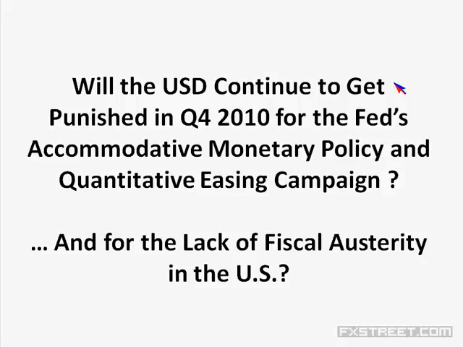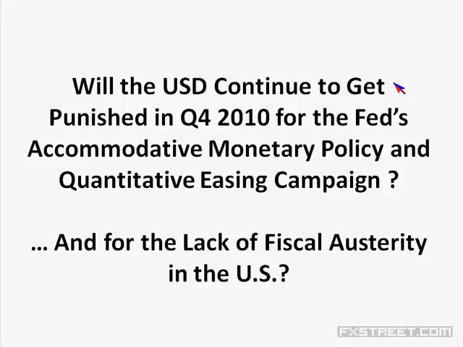If the US economic data continues to underperform data from the Eurozone, from the United Kingdom, and elsewhere in the world, then as long as the US economy remains weak and unemployment is high, the Fed is more than likely going to keep that accommodative monetary policy, and provide potentially further quantitative easing to stimulate the economy.